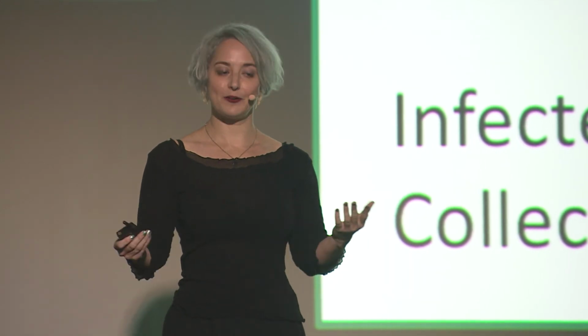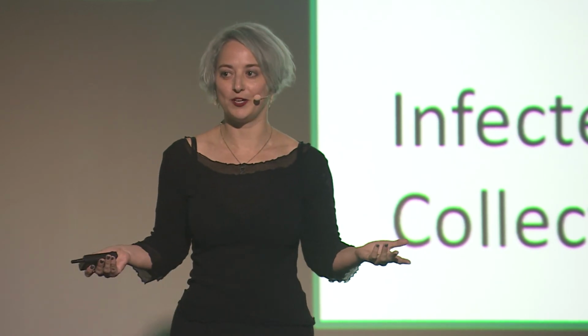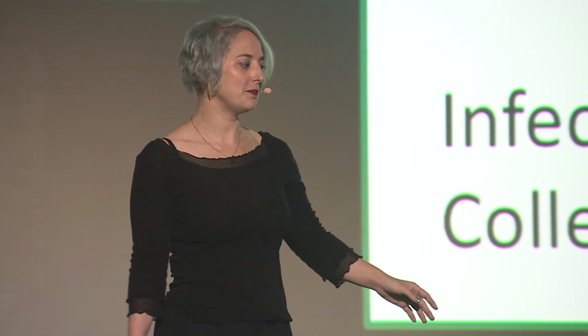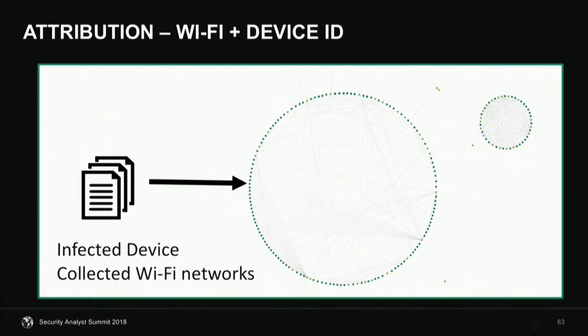Now, the way that we narrow it down from here is we bust out Maltego. And we made a graph of all of the infected devices and their collected associated Wi-Fi networks. So what you see here is a large circle representing infected devices and another smaller circle. What's that?